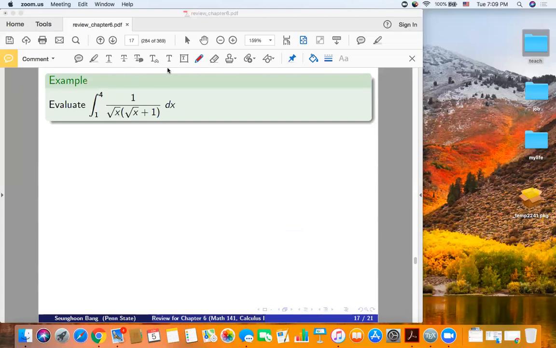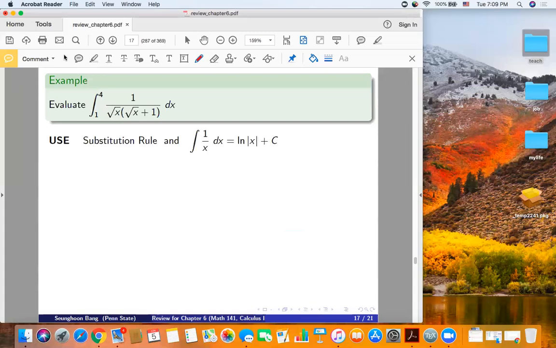You can use u substitution. You're right. And one more rule: what is u? The square root of x plus 1, is that right? Only the square root of x, or the square root of x plus 1?